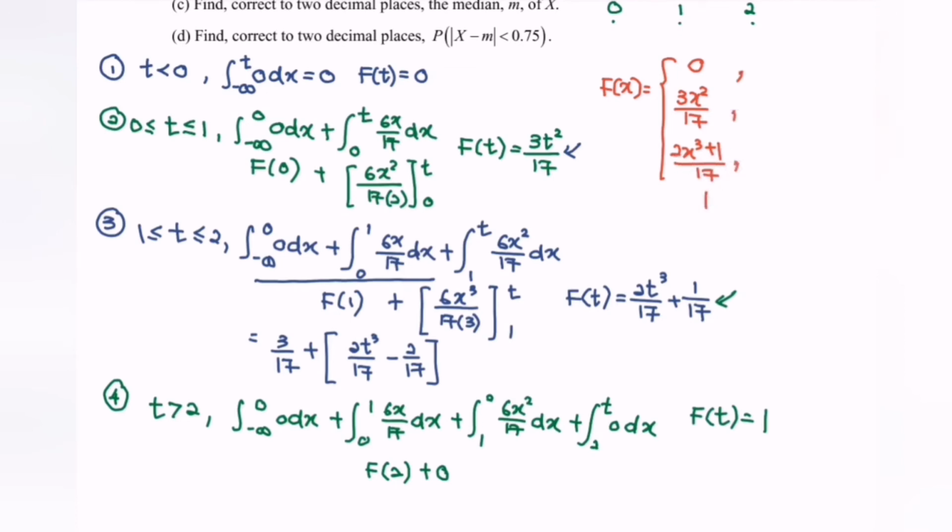So kindly state the domain where we have x less than 0. For the second function, x is greater than or equal to 0 and less than or equal to 1. The third one is x greater than or equal to 1, less than or equal to 2. For the final one, x is greater than 2. So here we have the cumulative distribution function.